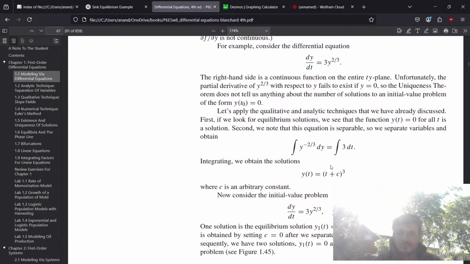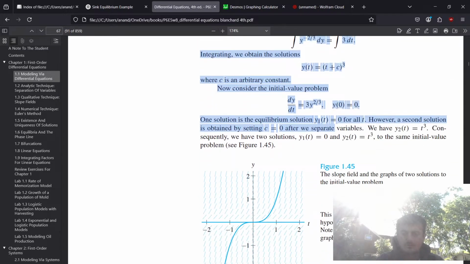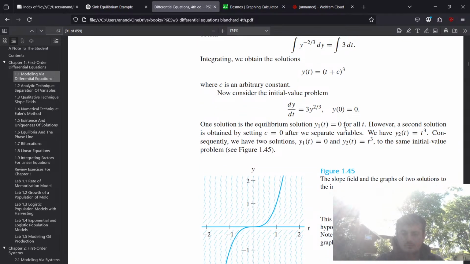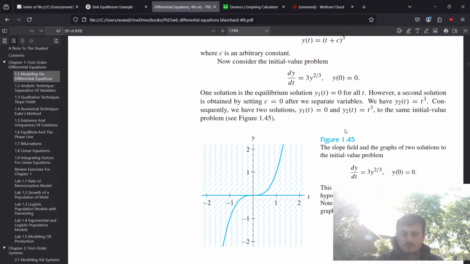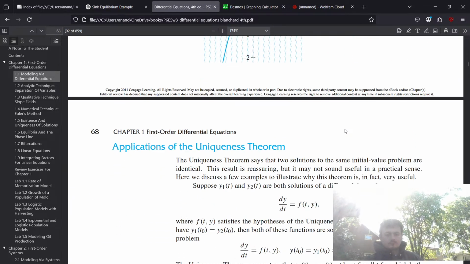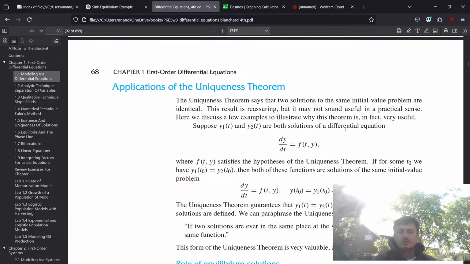So here's their example where uniqueness fails. Okay, applications of the theorem. This is good.